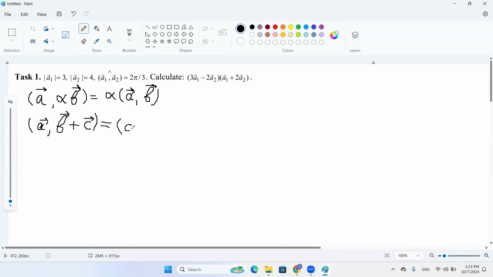It is written in the next way: A multiplied by B plus A multiplied by C. And if vectors are orthogonal, their scalar product is 0, so it's a useful property.